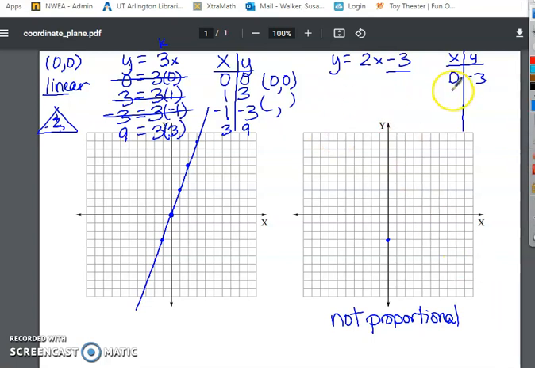Now I'm going to try, just like I did over here, let's put in a 1. You don't have to, but I'm pretty sure 1's going to fit. If it doesn't, I can adjust. So I'm going to say x is 1, 2 times 1 minus 3. Okay? So all I'm doing is I'm taking the x and I'm putting it in here. 2 times 1, 2. 2 minus 3.